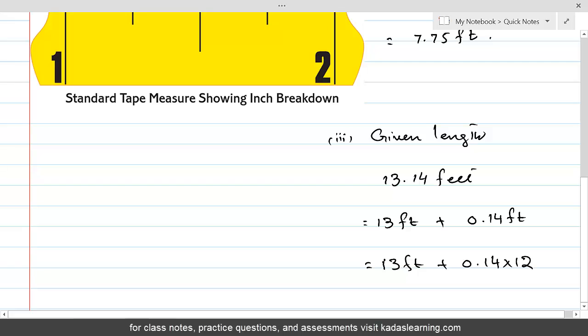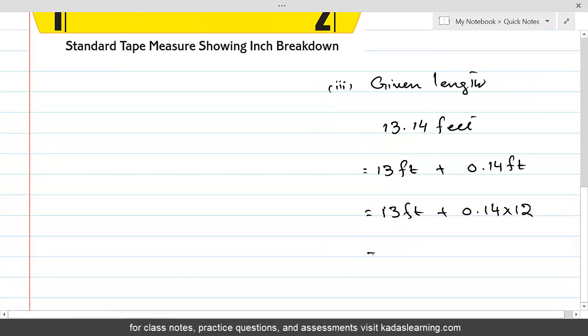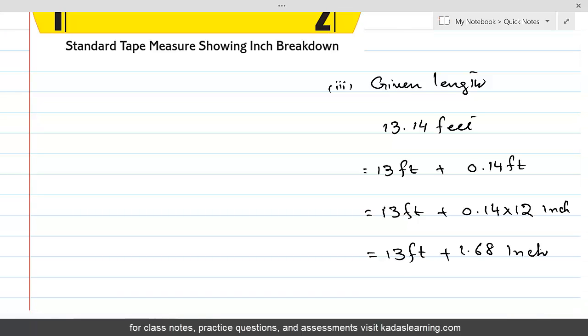So this must be multiplied by 12, and this gives us 13 feet plus 0.14 times 12, which is 1.68. So these are inches now.